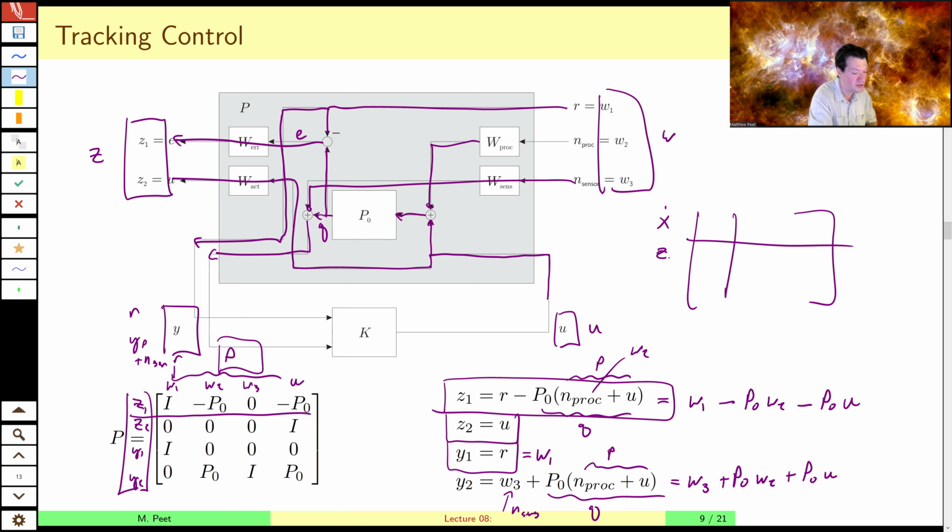Then we have 4 signals here, Z1, Z2, Y1, Y2, and then X, we have some additional signals here, W1, W2, W3, and U. So this will be 5 matrices here, 5 matrices here, and 4 by 4 matrices there. So you have to figure this out. Do this for homework. So just write down, as we did for the regulator problem, what these equations are, and just write it in the state space form.